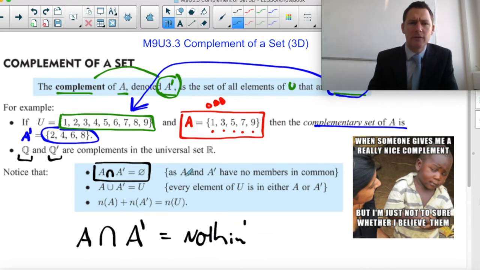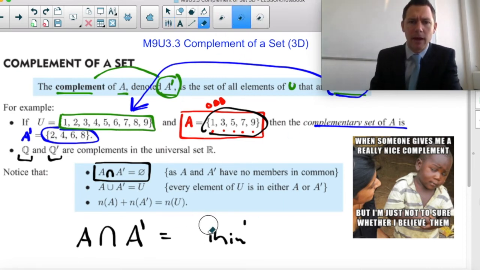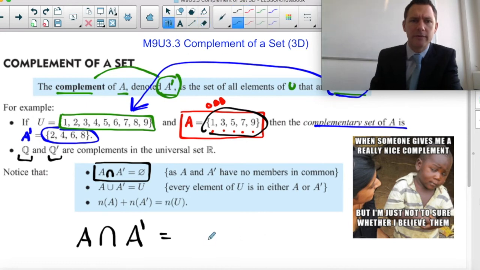Right? What's in here and also in here? Where's the overlap? Nothing. And we don't write nothing, we write empty set. We write this, the 0 with a seatbelt, like that. Cool? That's what that's about.